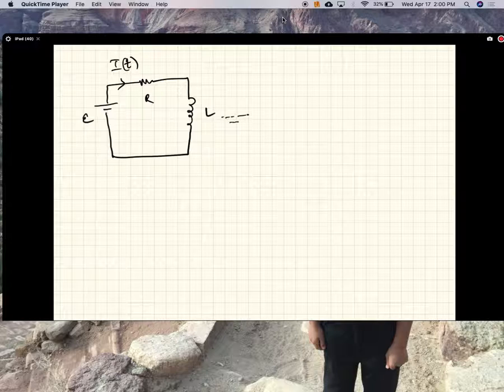So what is it that we want to find at two time constants? At two time constants, we just calculated the current. I at two time constants is equal to E over R times 1 minus e to the power of minus 2 time constants divided by that.